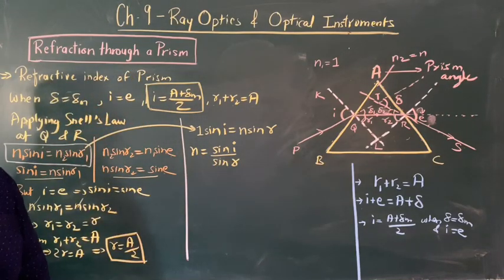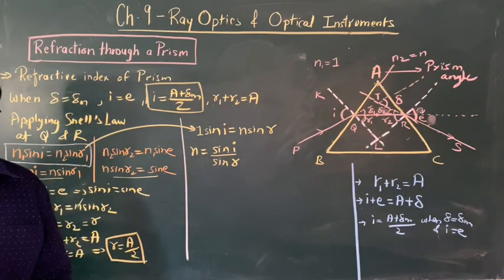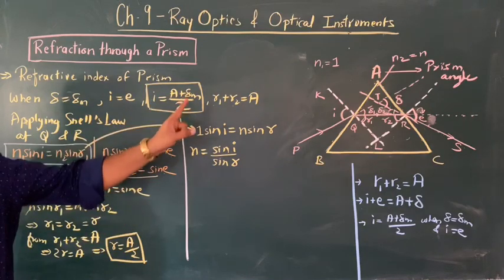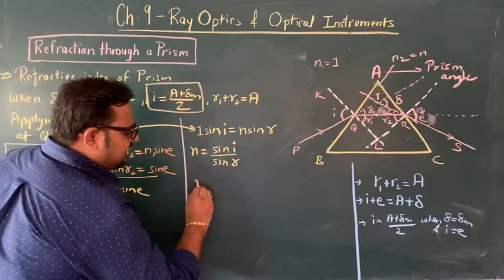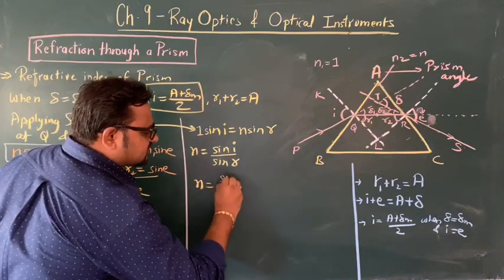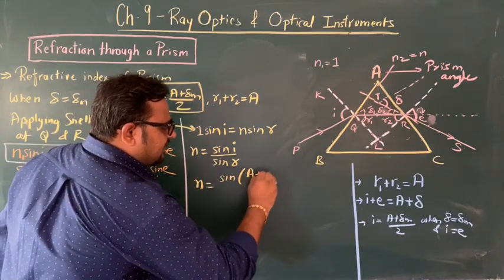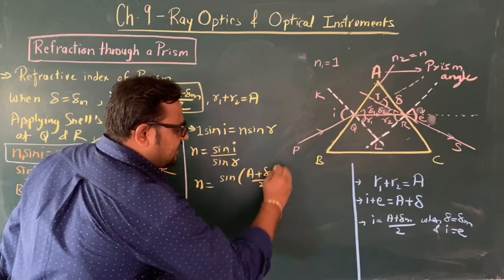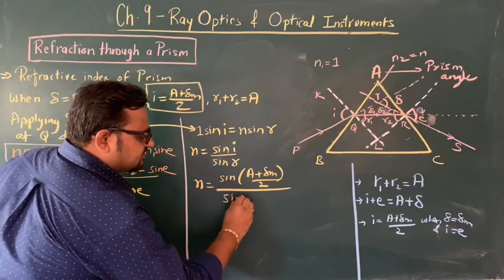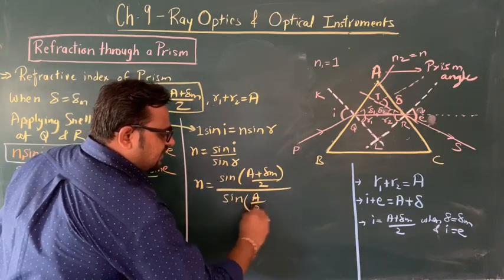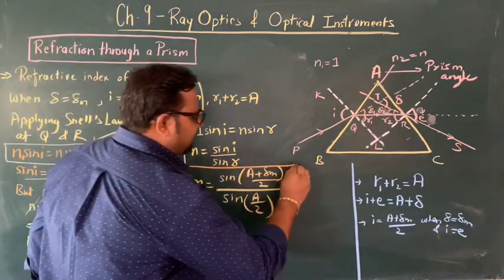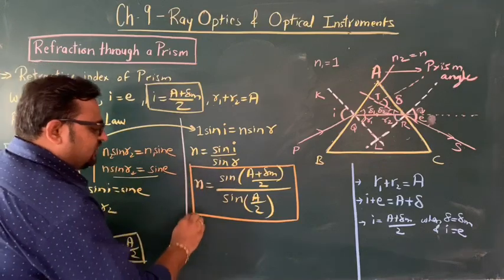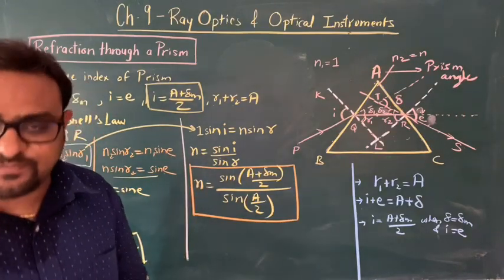Now we had already found it out that at minimum deviation, i equals A plus delta m by 2 and r equals A by 2. So n is equal to sin (A plus delta m by 2) upon sin (A by 2). This is the equation for refractive index of a prism.